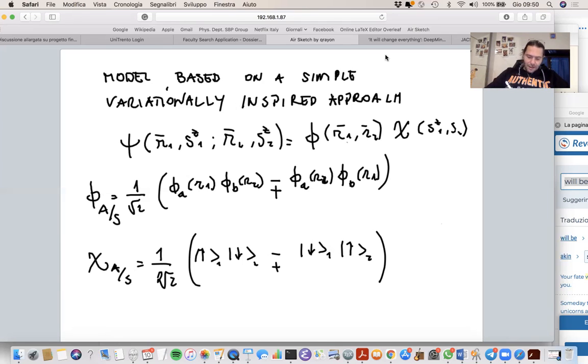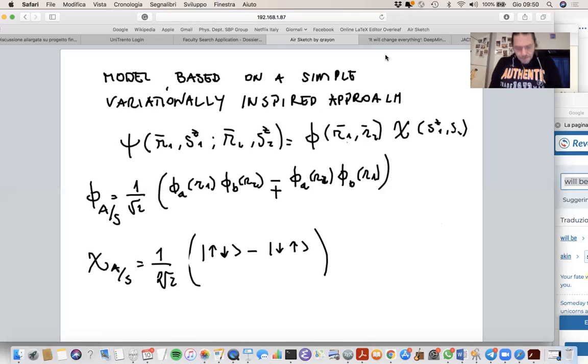Instead of writing the spin of particle 1 and the spin of particle 2 with two separate brackets, I can use a single bracket notation where I agree from the outset that the first position is for spin 1 and the second position is for spin 2. So I get this much more compact notation.